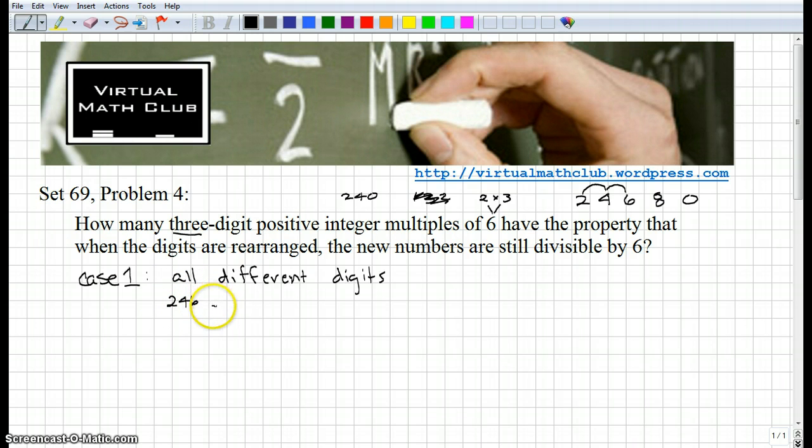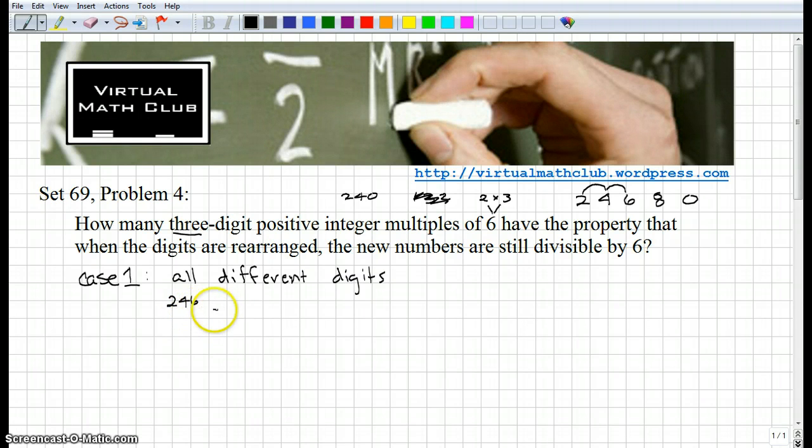Okay, so then we have to look at how many ways there are to arrange the digits, because all the arrangements of this number are also going to be divisible by 6, and will have the property that you can rearrange the digits and get a multiple of 6.